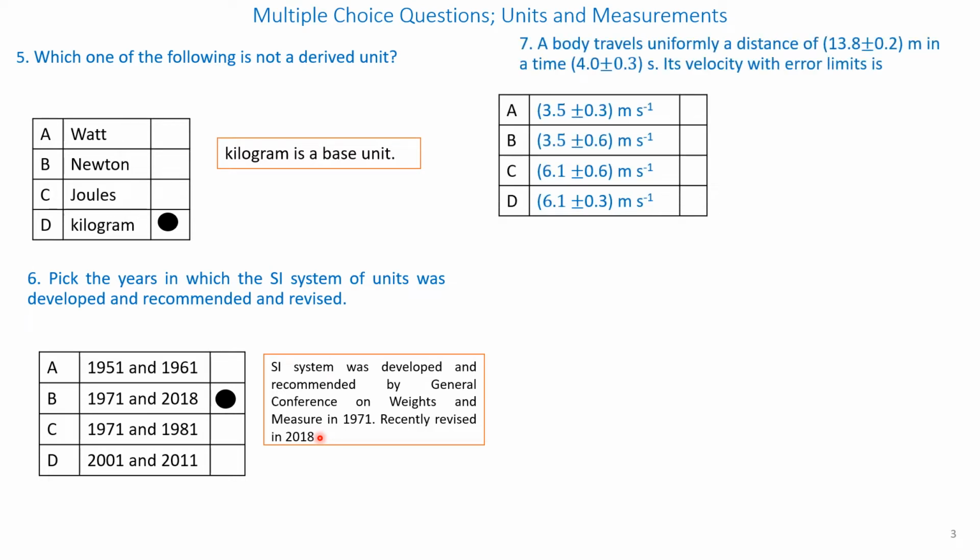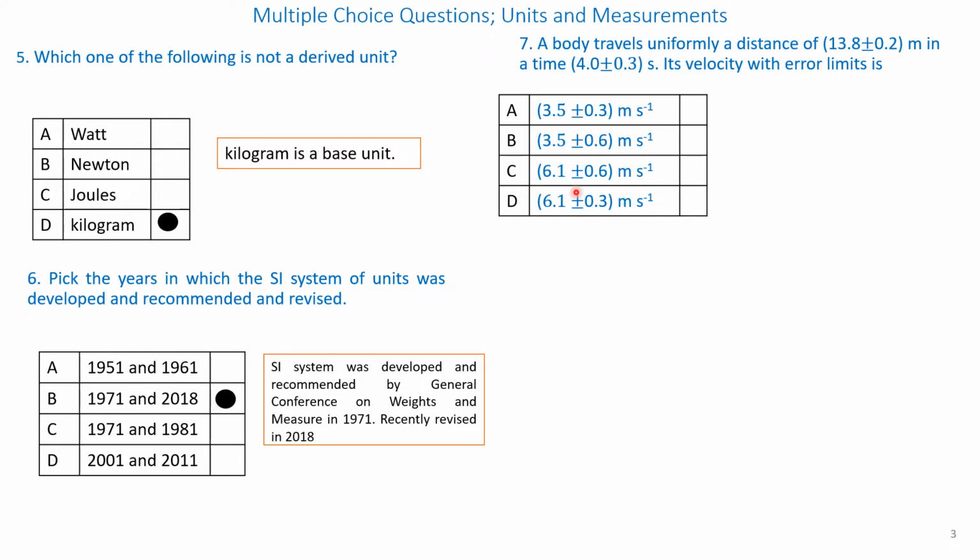Next question. A body travels uniformly at a distance of 13.8 plus or minus 0.2 meters in a time 4 plus or minus 0.3 seconds. Its velocity with error limit is, so you have to find the velocity among the four options.